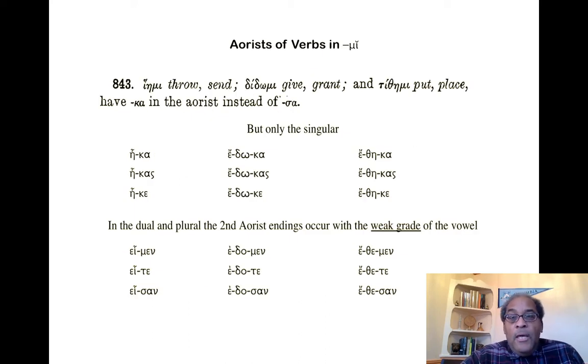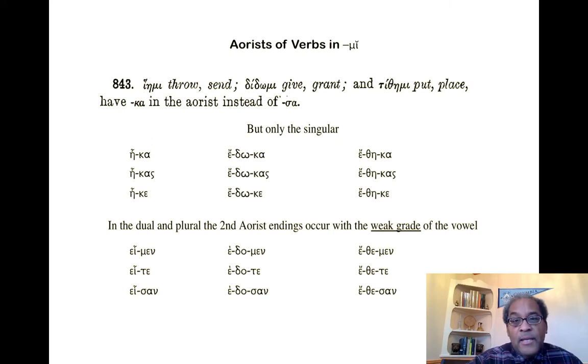So there is also a special case of these aorists of the omega verbs. And these are very important verbs, and they are definitely a thorn in the side of any Greek student. So it's good to begin learning them with these aorist forms. You have hiemi, to throw, didomi, to give or grant, and titheme, to put or place.